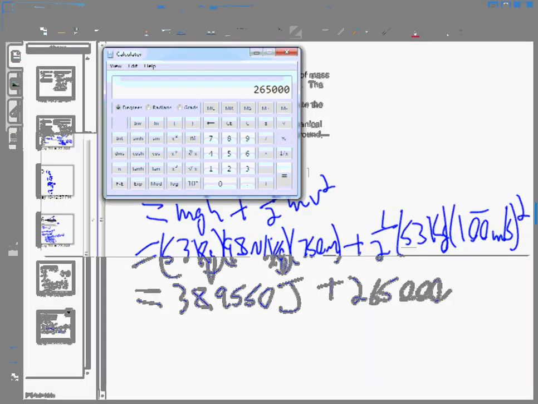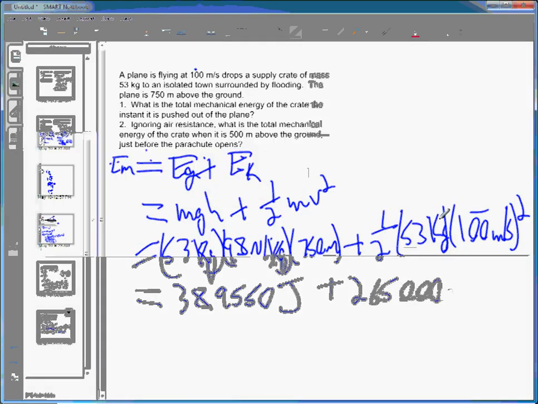Now this is going to be kilograms meters squared per second squared, right? Because the meters are going to square, the seconds are going to square. A kilogram meter per second squared is a Newton, so we can take that out, and we're left with just a meter, so it'd be a Newton meter. One Newton meter is a joule. So good, our units are working out.